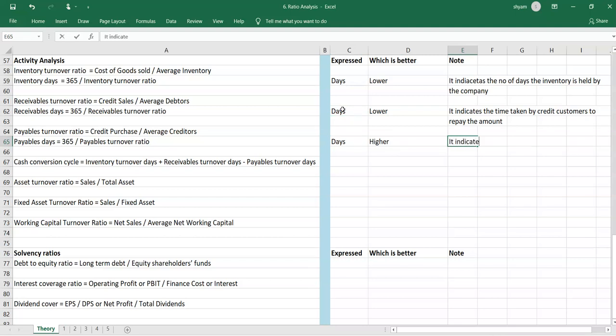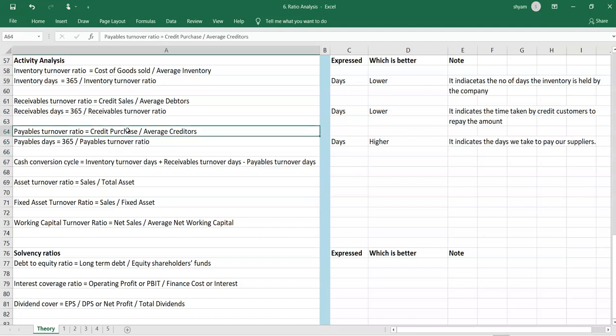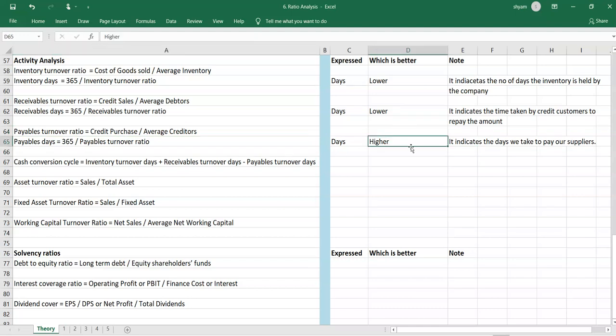It indicates the days we take to pay our suppliers. We would have bought goods on credit, and the more delay we could make, the better it is for the company.